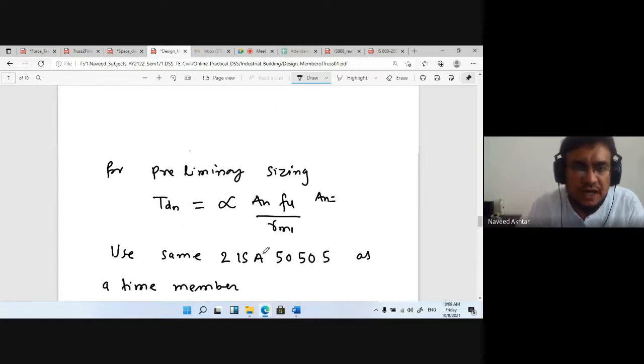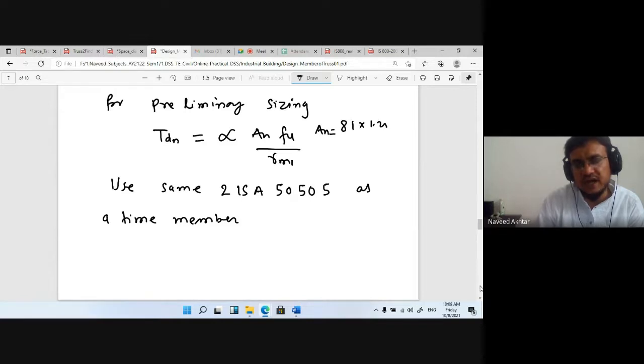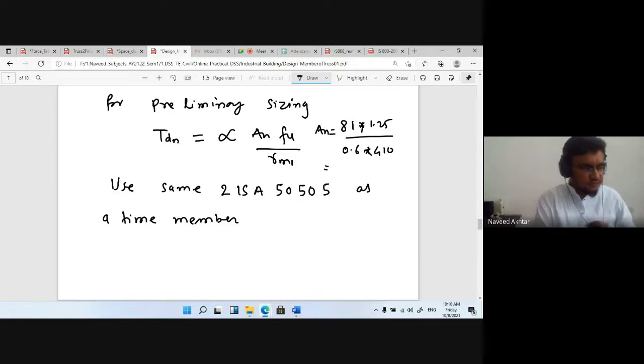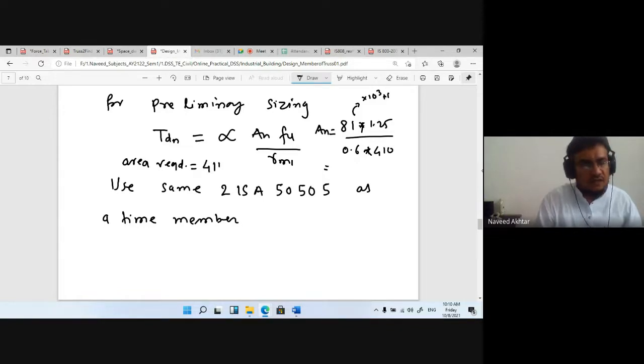You will consider 81 kilonewton, 81 into 10 raised to 3 Newton into 1.25 divided by 0.6 into 410, where alpha can be 0.6 or 0.7 as per the number of bolts and Fu is 410. The area required is coming 411.58 mm square.